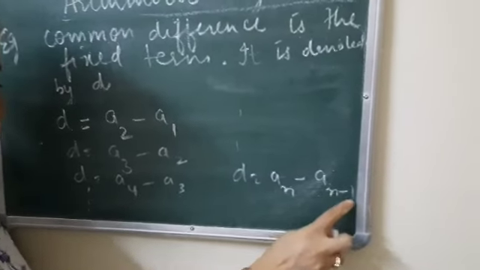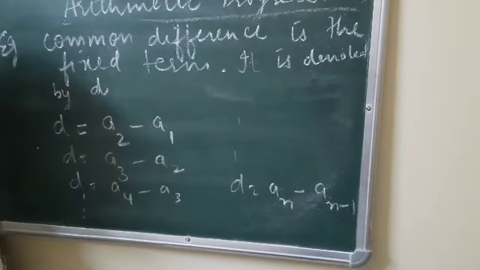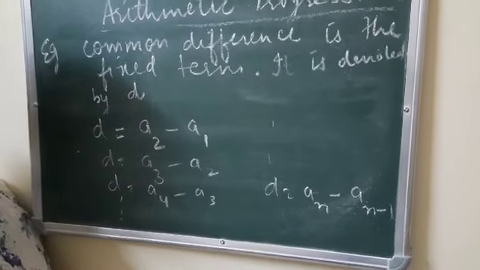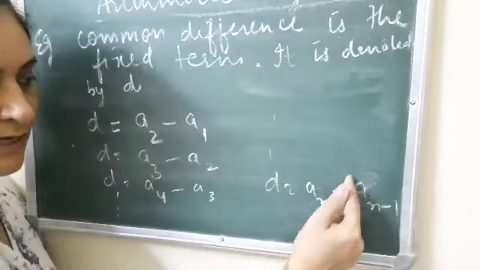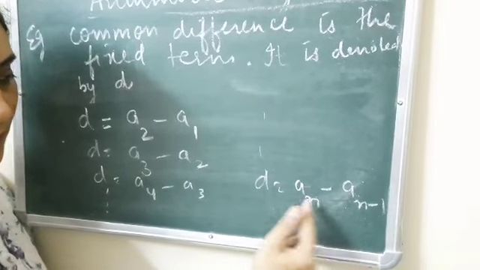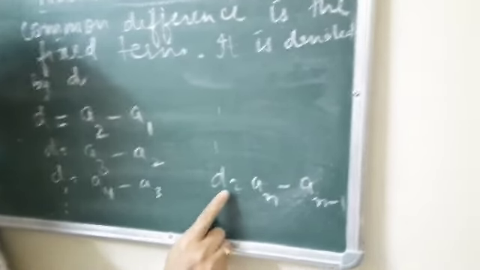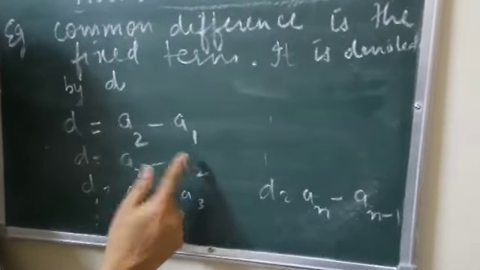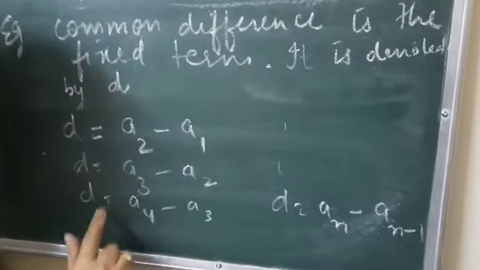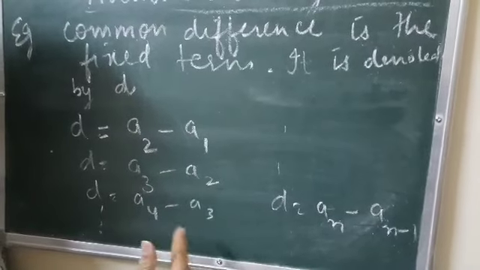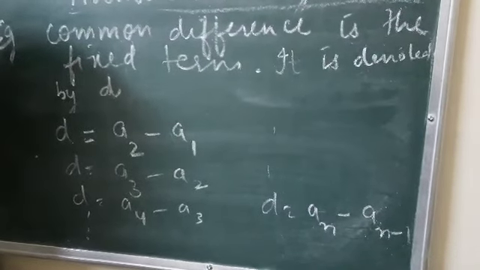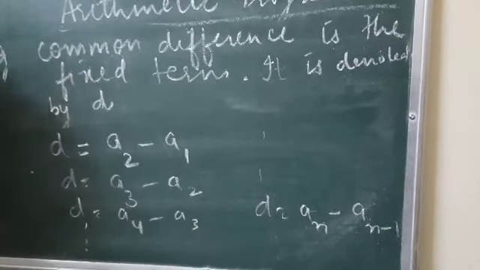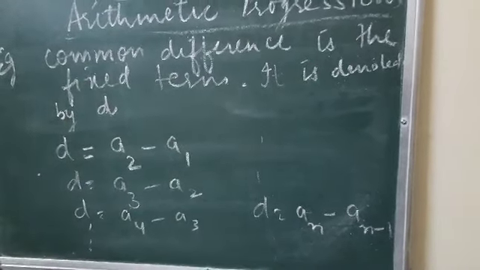And what is a(n-1)? a(n-1) is the term before the last term, the term preceding the last term. What will the term before the last term be? a(n-1), and the last term is an. So d can be any of them. d can be equal to a2 minus a1, a3 minus a2, a4 minus a3, a5 minus a4, a6 minus a5, a20 minus a19, an minus a(n-1). So this is d.